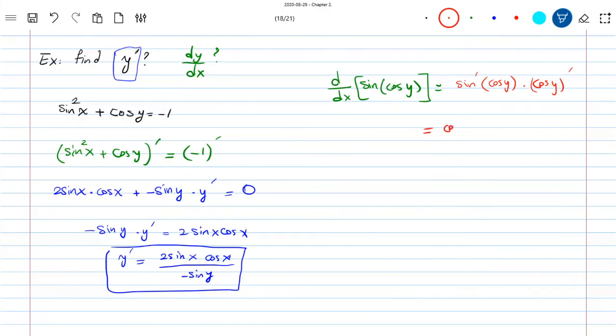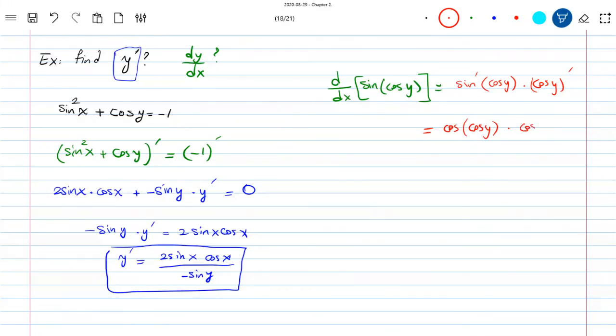Sine derivative is cosine of cosine y. Again, this is not multiplication. This is operating. Sine operates on this function. If it was multiplication, you should apply product rule. So we have cosine of cosine y multiplied by the derivative of cosine y. Again, you should apply chain rule.